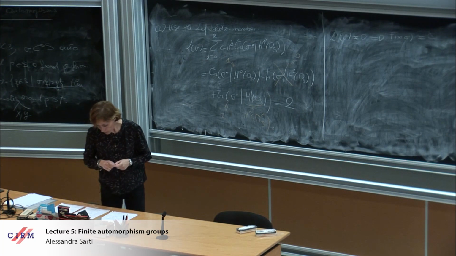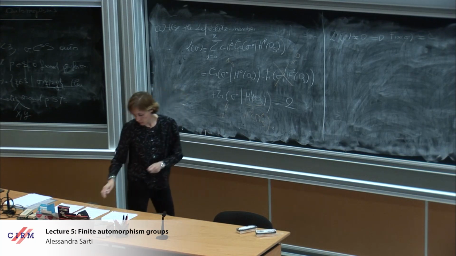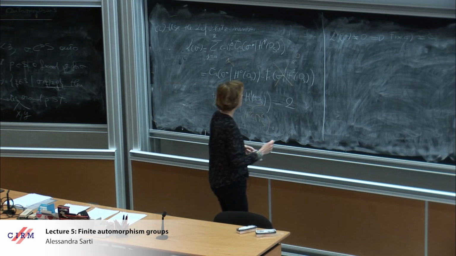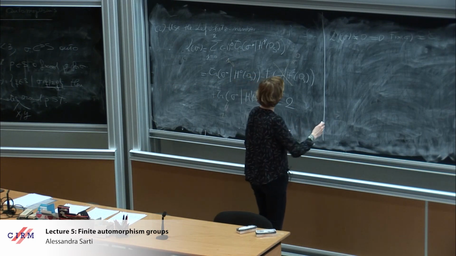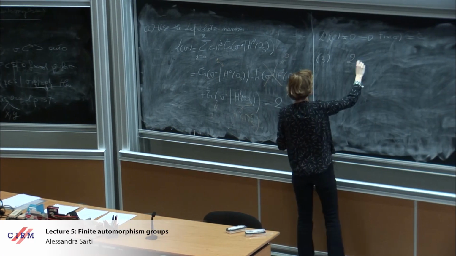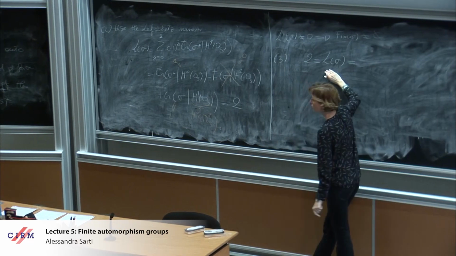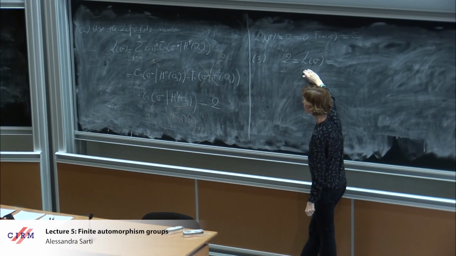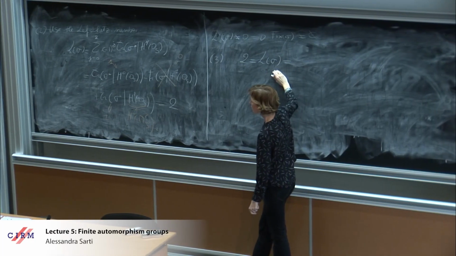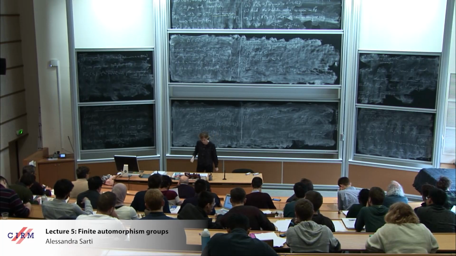Okay, let's now think about the number of fixed points. Now I need the other form of the Lefschetz number. So we know that 2 is equal to L sigma. And now, as I said, I can write this Lefschetz number, as a result of Atiyah-Singer, in terms of the action of the automorphism on the tangent space.